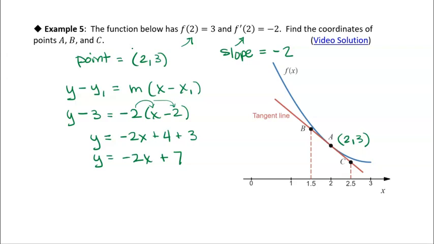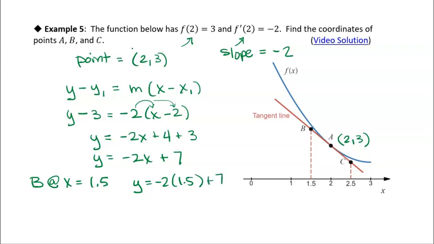All right, now the points B and C are on that line. So all we need to do is take the x value and calculate the y value. First, this is point B. This is at x equals 1.5. We have the equation for the line, so our y value is just going to be negative 2 times 1.5 plus 7.